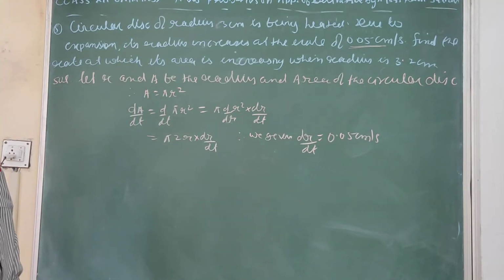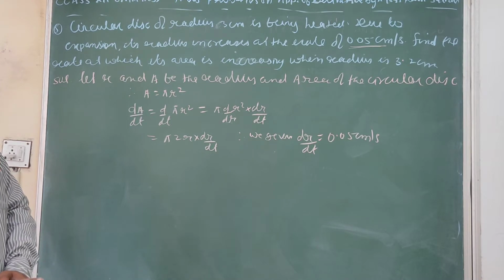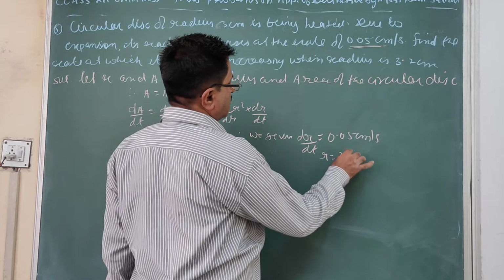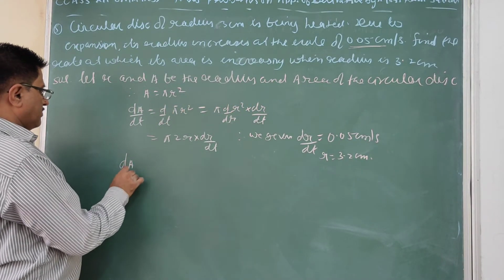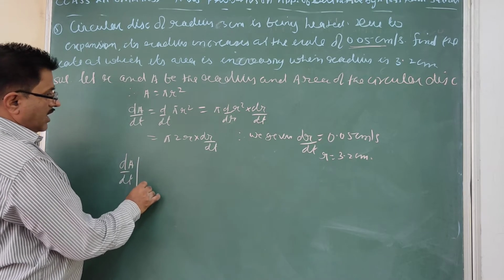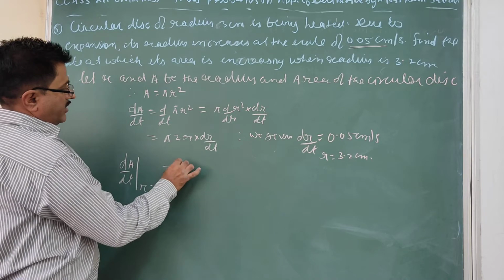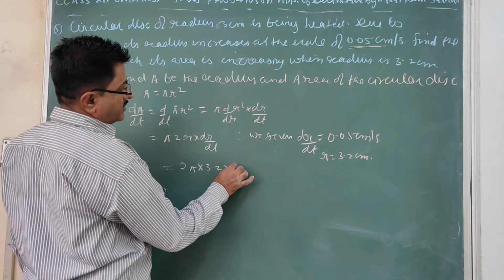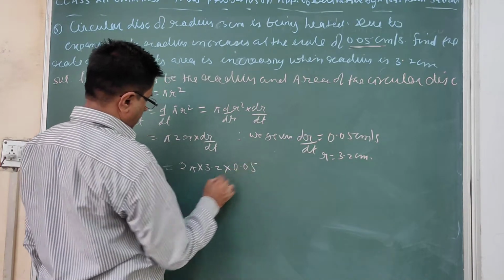And also you have to find this rate of area when the radius is, so r we have to use 3.2 centimeter. So dA upon dt when r equals 3.2 is equal to 2 into pi, r we use 3.2, dr upon dt is 0.05.